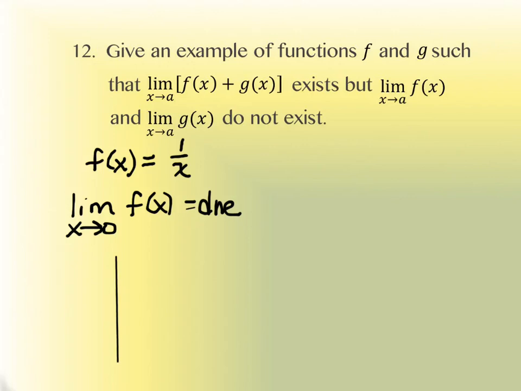The basic graph of it, if you're thinking from a picture point of view, looks something like this. Are we all good with that? Definitely, as I approach that y-axis, where x equals 0, one side shoots up to infinity, the other one shoots down to negative infinity. I have an asymptote. The limit doesn't exist.